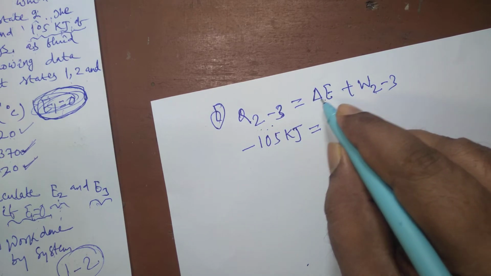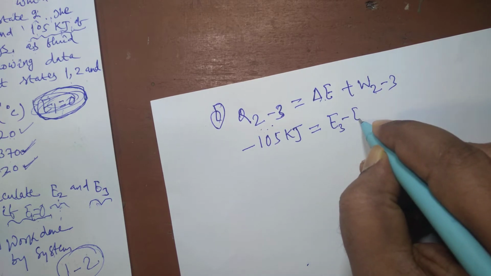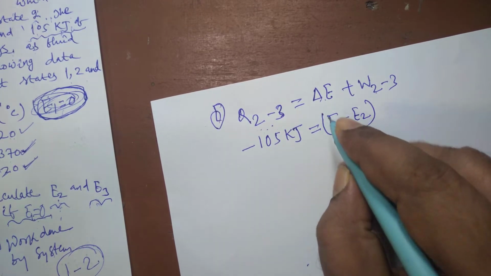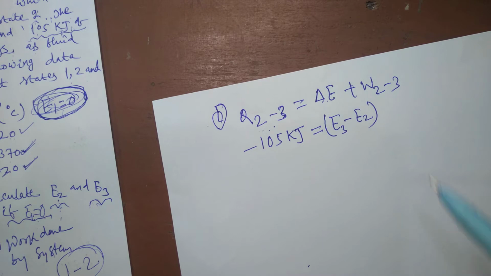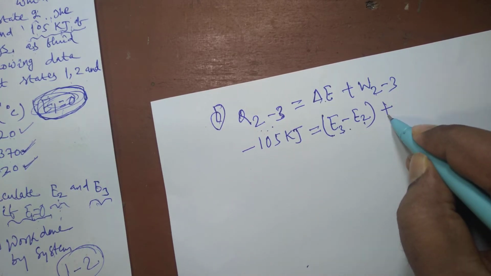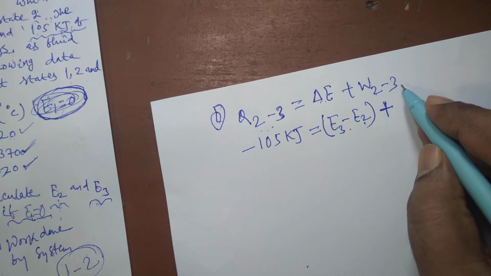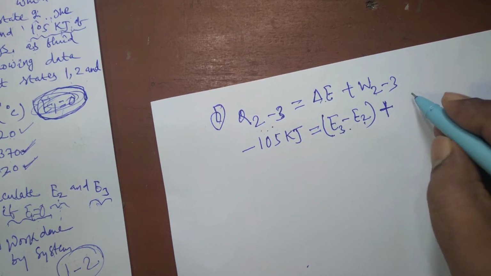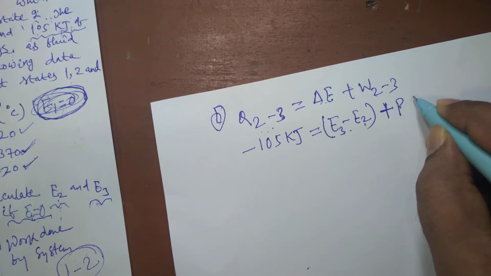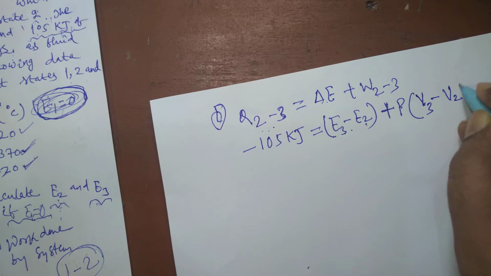So delta E during that process will be E3 minus E2 plus W23. Throughout the process pressure remains constant, so W23 is P multiplied by V3 minus V2.